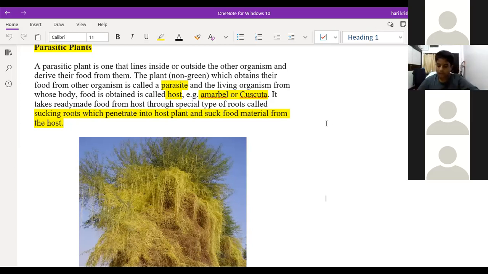Okay, good. So you know better what parasitic plants are, right? They will not prepare the food on their own, but they will depend upon other plants only. The best examples are the Amarbel and the Cuscuta. These parasitic plants which depend upon other plants, that plant is called a host.